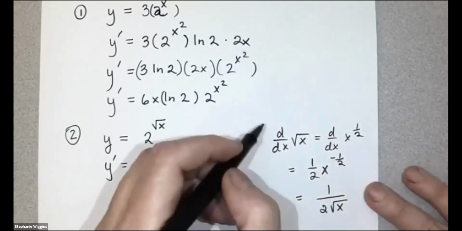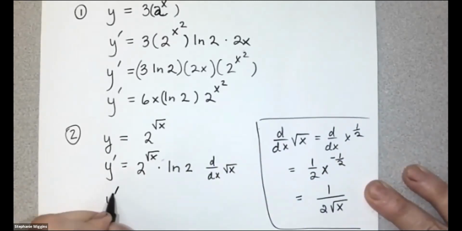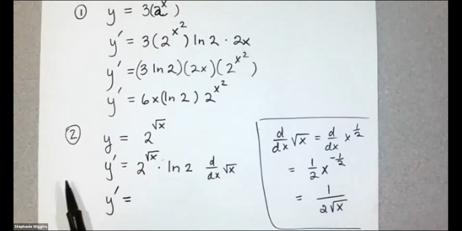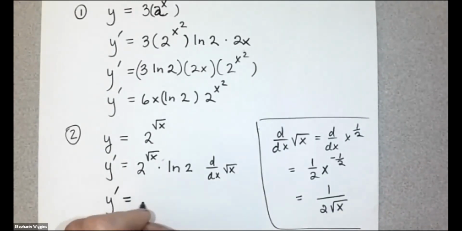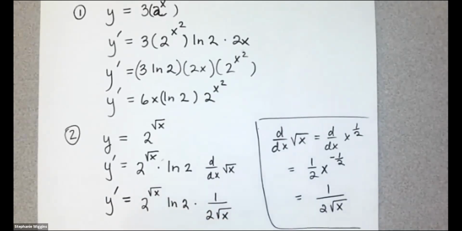So finally, that's an aside, I have that the derivative is equal to 2 to the square root of x times ln 2 times 1/(2 square root of x).